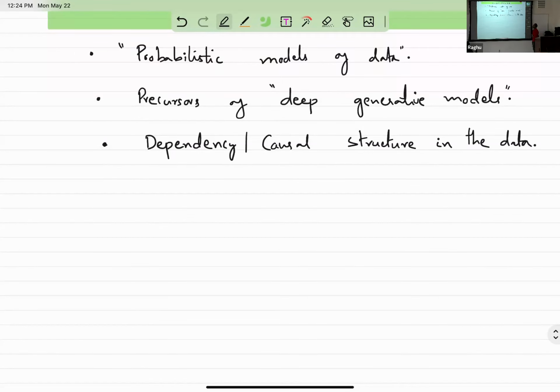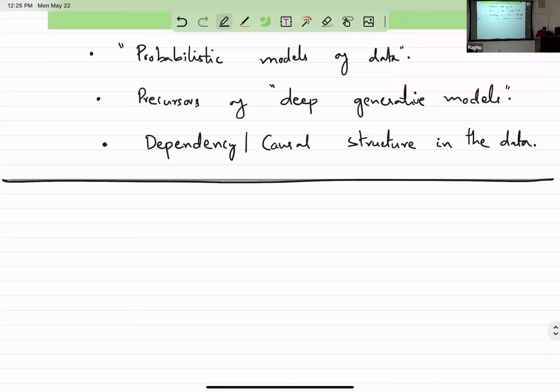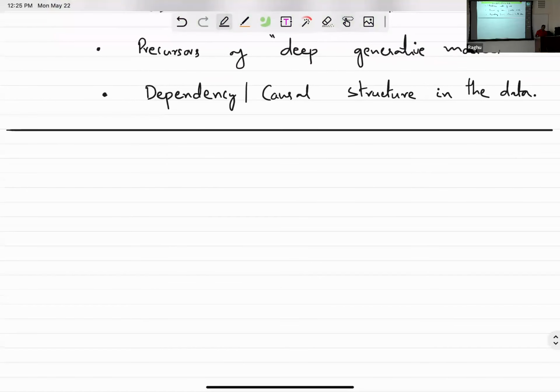Hopefully, once we do the definitions, it will become clear. Given a bunch of samples, we're trying to learn causal structure or dependency or correlations between the various features in the data. There are tons of applications, which we'll talk about later, but let's first look at what we mean by it.